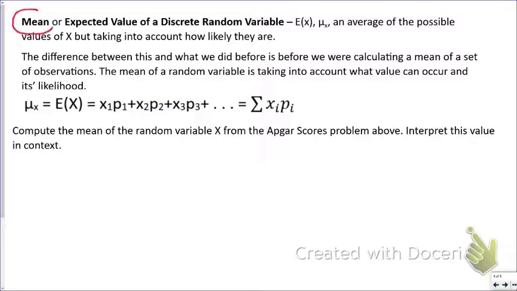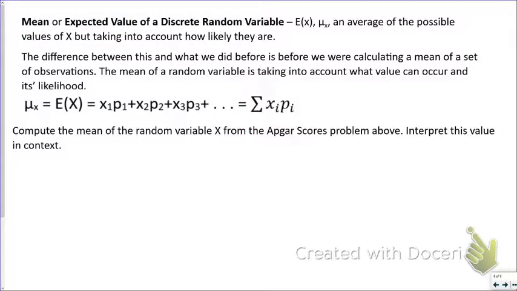This is the mean or the expected value of discrete random variables. I'm going to go the first x times its probability plus second x times its probability, and so on. So that's all it's saying. This is typed on your formula sheet. All right. Notice they say find the mean of the random variable x from APGAR scores.